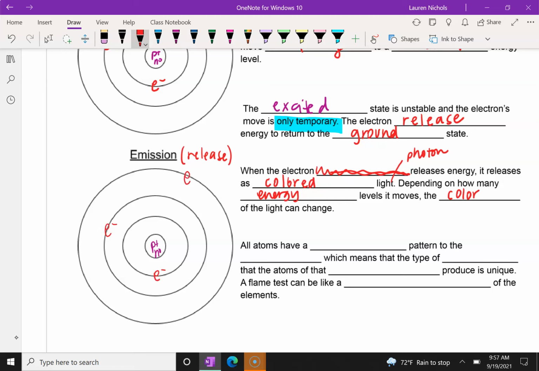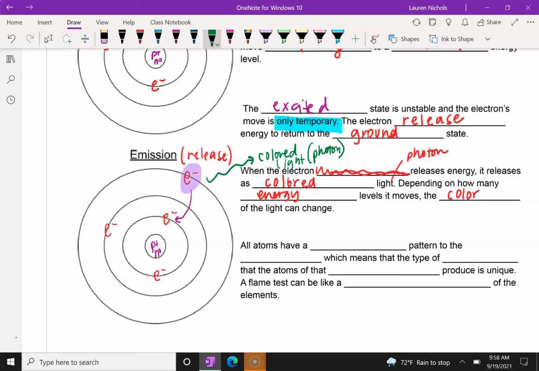Our electron was originally in this third energy level, but to release energy, it's going to release colored light, or a photon. And when it releases the light, it will move back to its original location, or the ground state.